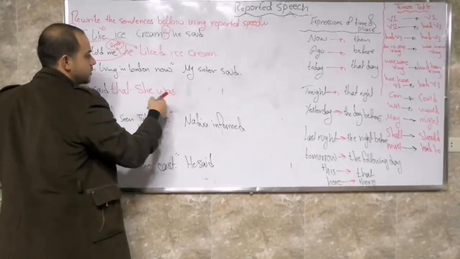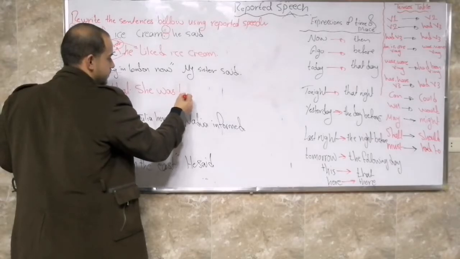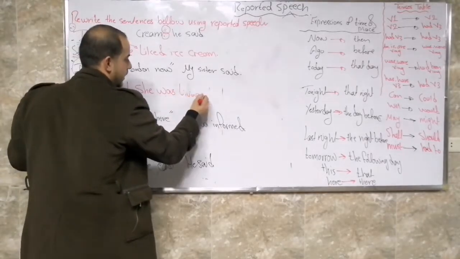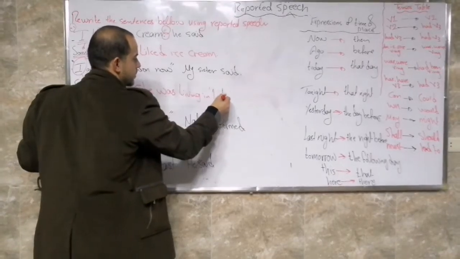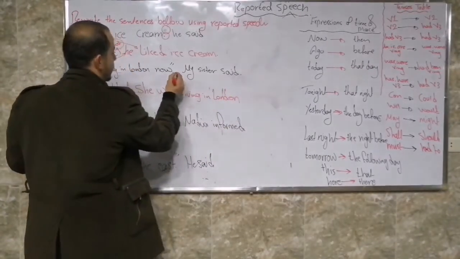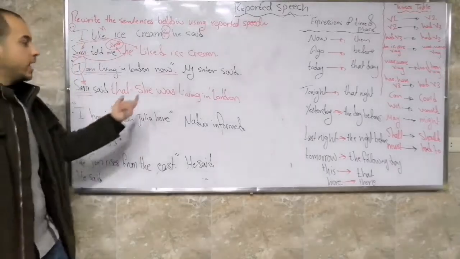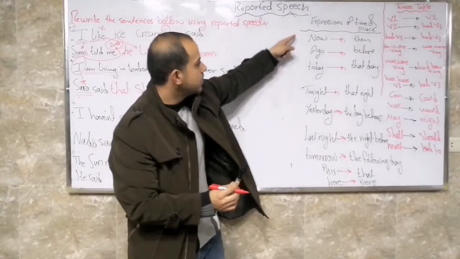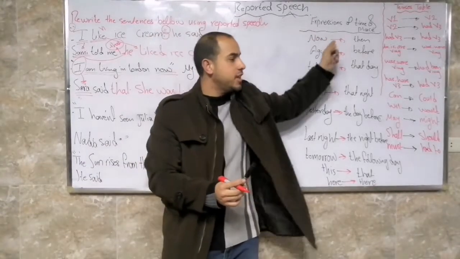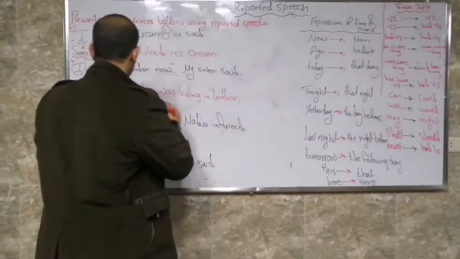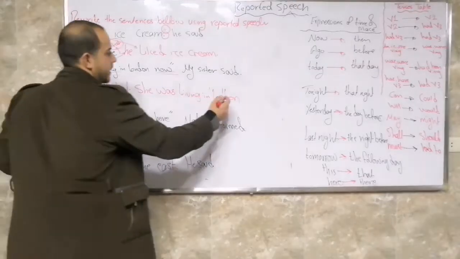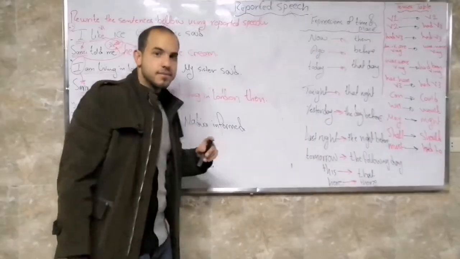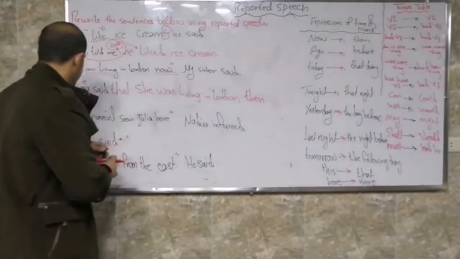That she was, let's continue, living in London. Uh-oh, we have a time expression here. We have now. Be careful. Okay, now here becomes or changes to then. So, that she was living in London then. And that's it. Let's try one more one.